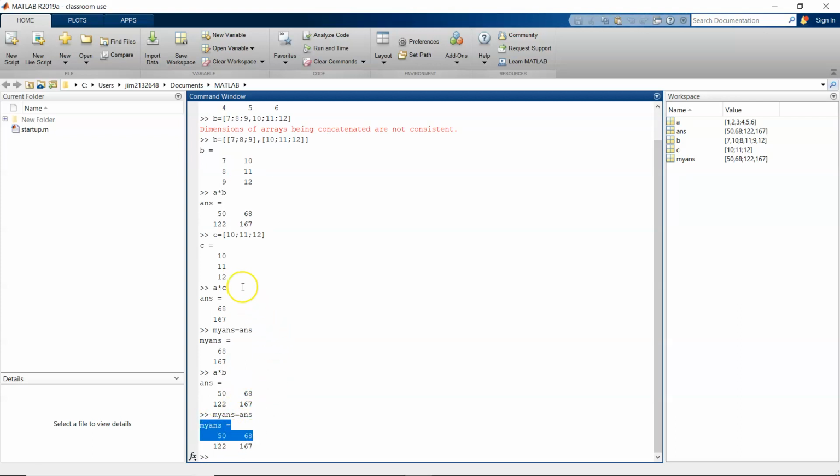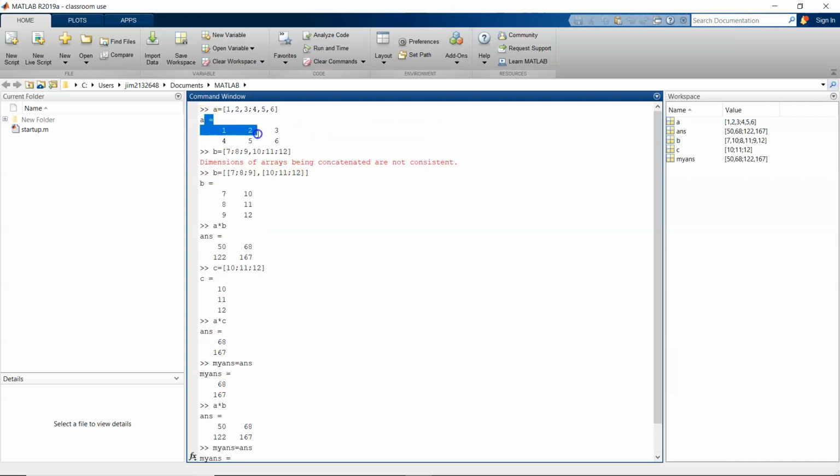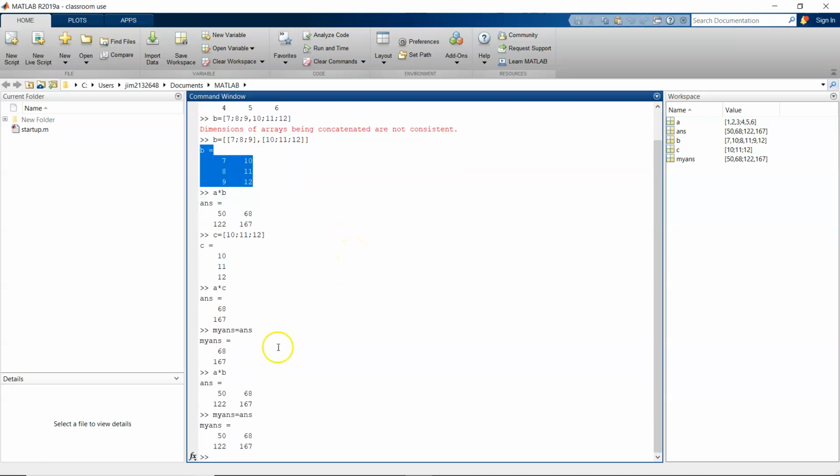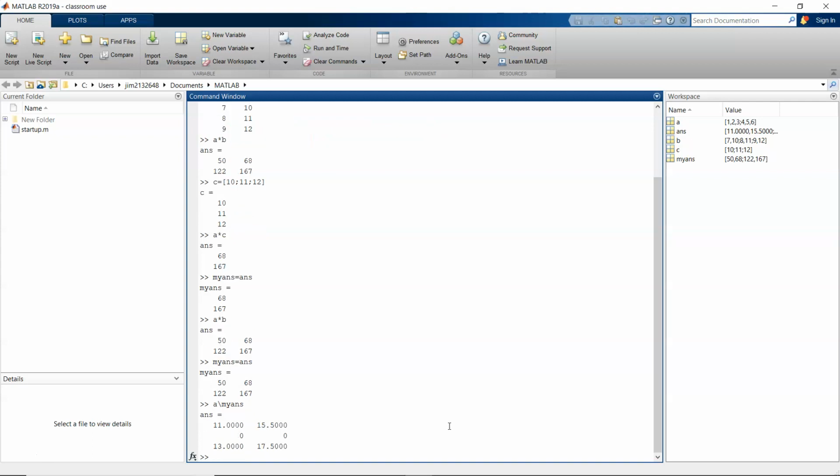We already know the solution. The solution's got to be B. There we go. Here's A. Here's B. And here's the answer to A times B. So let's try taking A goes into, and it comes up with a solution.